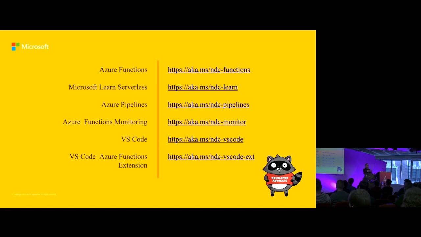Those are self-paced modules where you can go in a sandbox, a cloud shell will be spun up for you, and you can execute commands there, and you can learn about serverless. You'll get points as well. And it's for free, so you don't need an Azure subscription. You can run your code there as well.